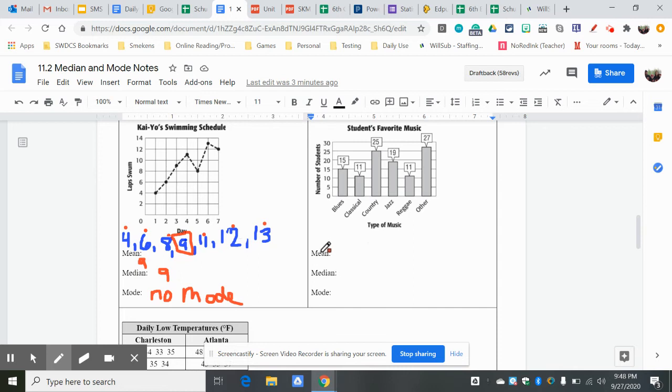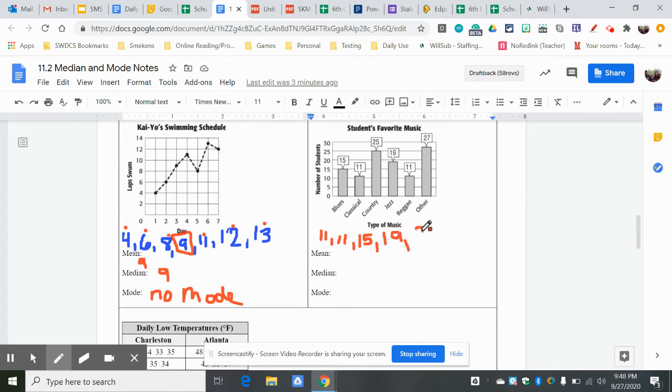Number 6 over here, we have the mean. So again, I'm going to write out my numbers in order from least to greatest so that I already have that covered for my median. So I'm going to have 11. Again, I don't worry about the type of music or the number of students. I'm looking at my data points here. I have 11, 11, 15, and then 19. Make sure you're writing this out with me.